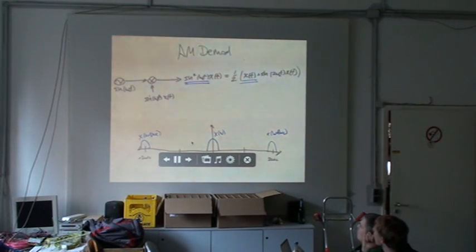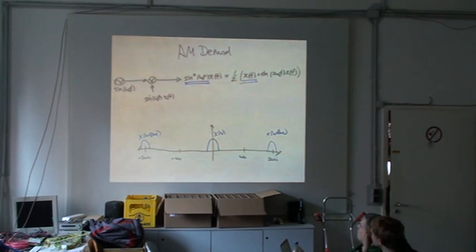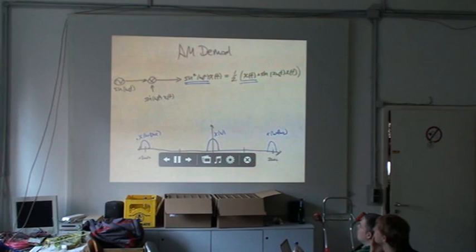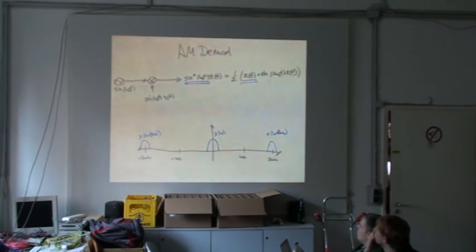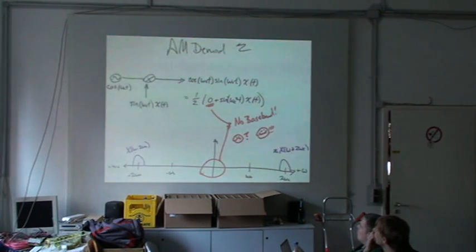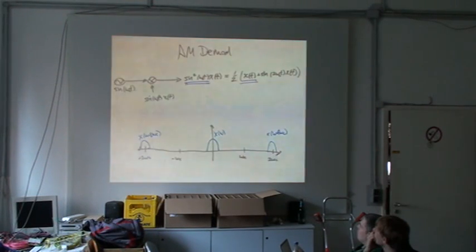So the spectrum you see down here, you have your so-called baseband signal, which is an image of the original signal, and then you have these harmonic images, mirrors, way out at twice your carrier frequency. And what you do now is you just take a low-pass filter, select out your baseband signal, and you've recovered your signal. Bam.